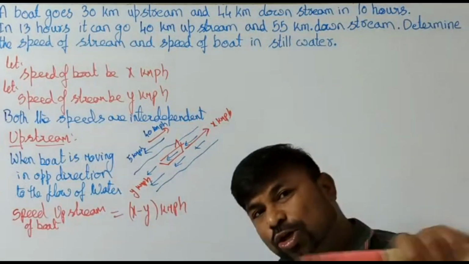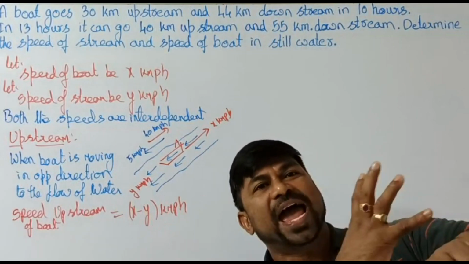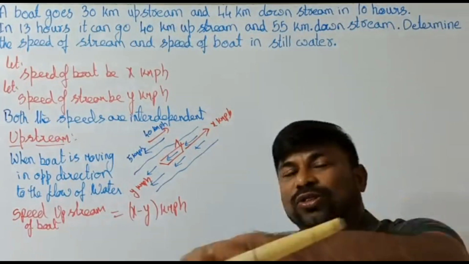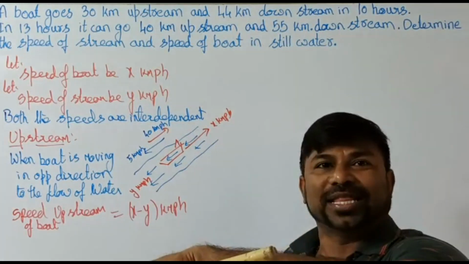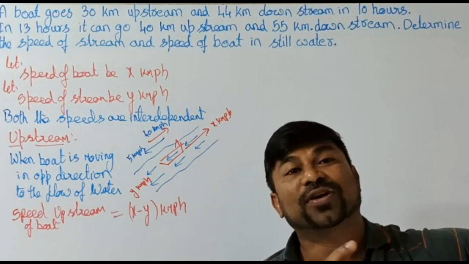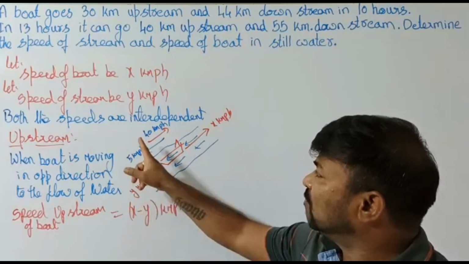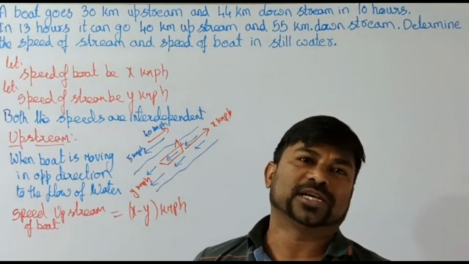Though it is trying to move at 40, the flow of water is pushing it back with a speed of 5 kilometers per hour. The speedometer shows 40 there, but the water is pushing it back with 5 kilometers per hour. So obviously, this becomes 40 minus 5. It will become 35 kilometers per hour.